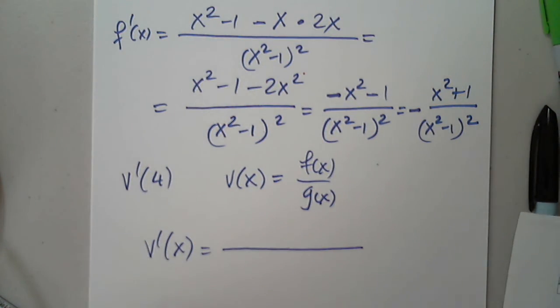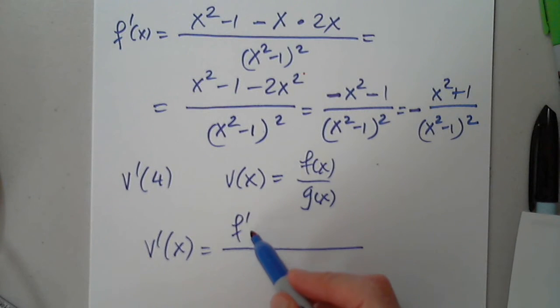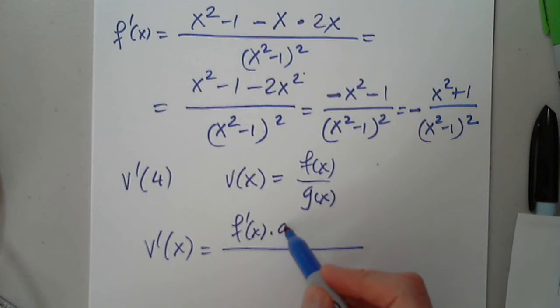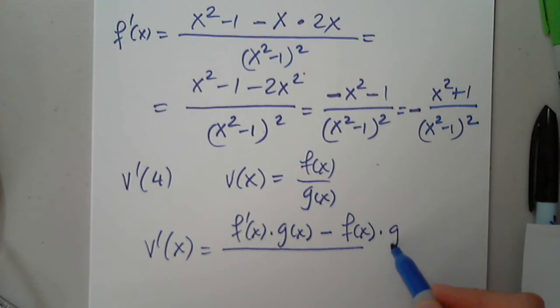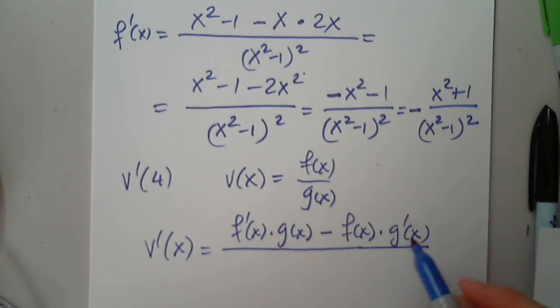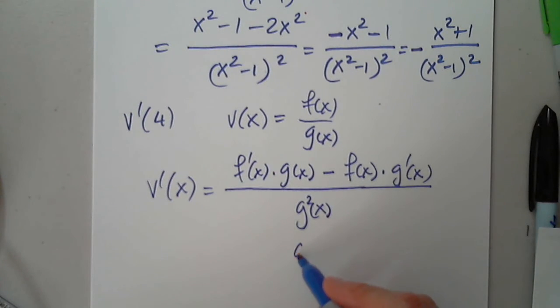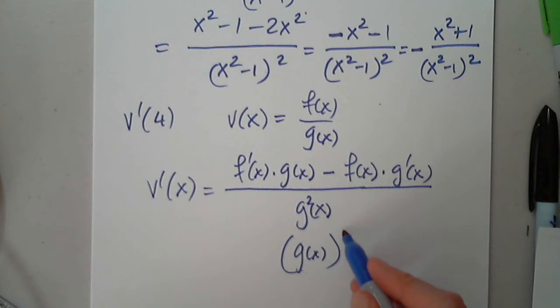I am forced to use the quotient rule. So f prime of x times g of x minus f of x times g prime of x divided by g squared. Better to write it as g of x, everything squared. It's up to you. Both are acceptable.